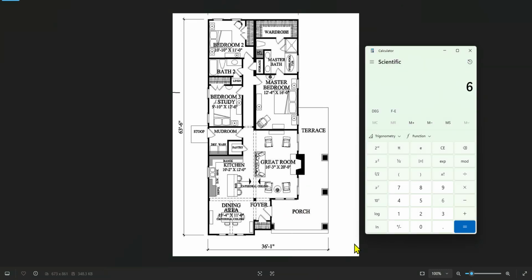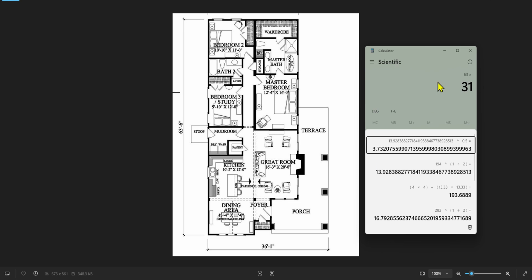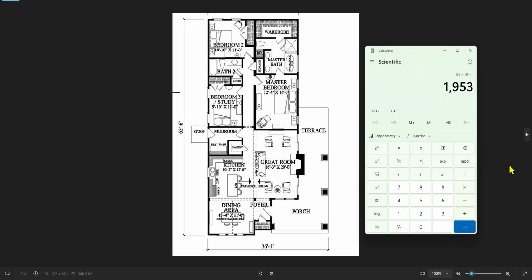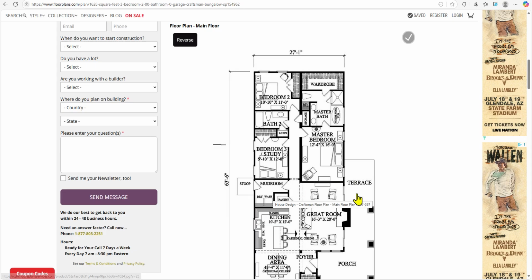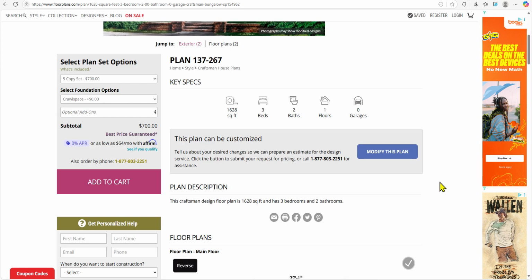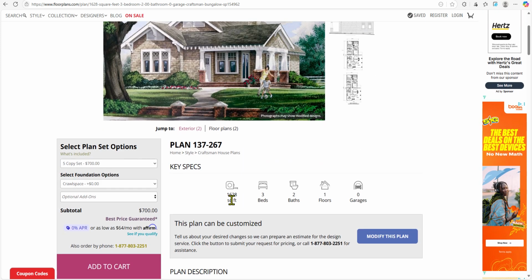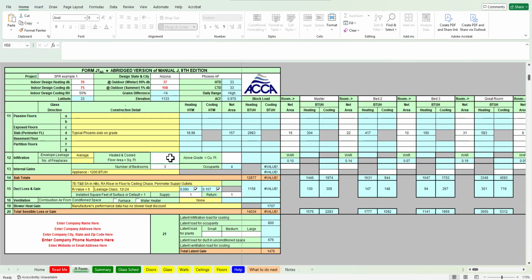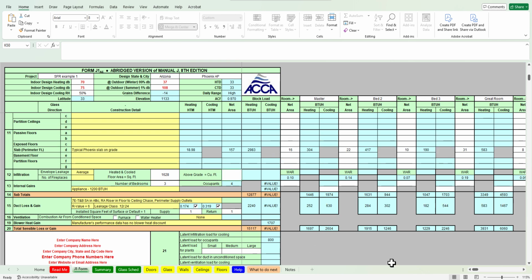So it's going to be 63 by 31. Equals, I think I did 2,000, or was it 1,800 square feet, maybe was what I said when I created this. I don't remember this anymore. Oh, here we go. So 1628 is the total square foot. So we're going to enter that right here as the heated and cooled area. So 1628.